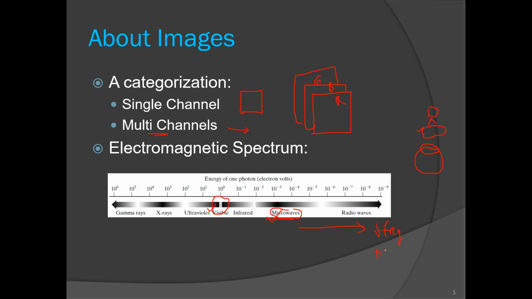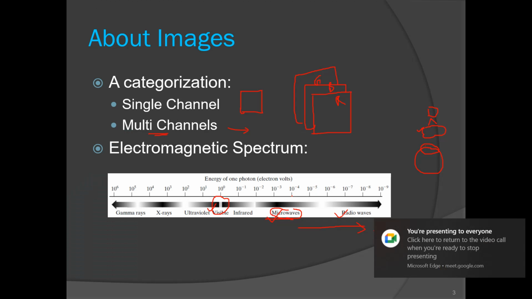Wavelength is generally represented by lambda. The radio waves will have the highest wavelength. So if you have sensors capable of taking images in different bands, you can capture images in different bands and you will get different information in each band.